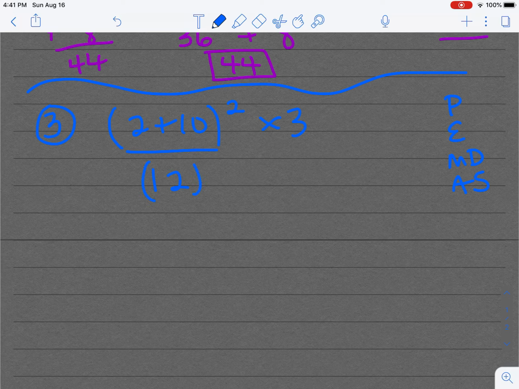We keep our parentheses, we put our exponent, bring everything else down. Now 12 squared, remember, this does not mean 2 times 12. It means 12 times 12. So we know that that's 144 times 3, and then that will be our answer.